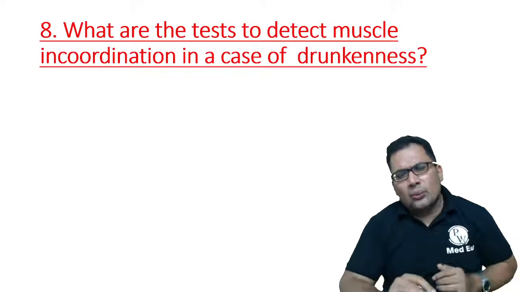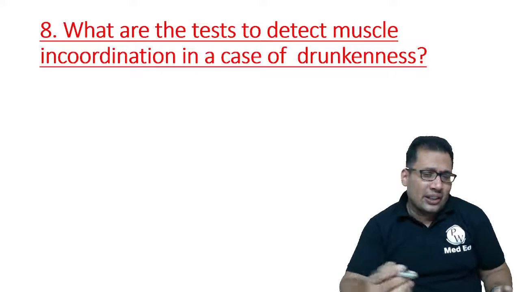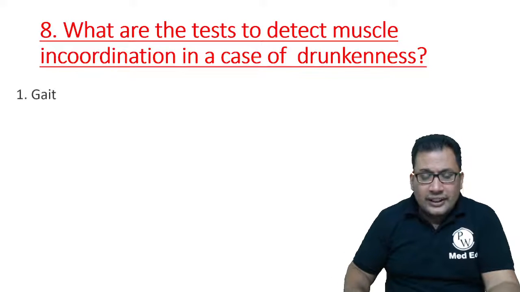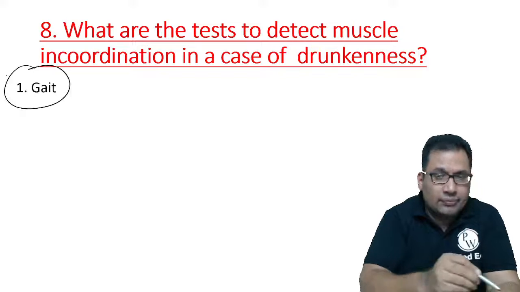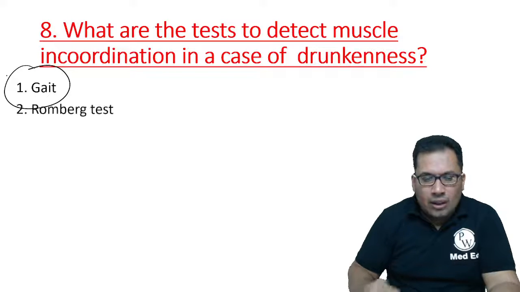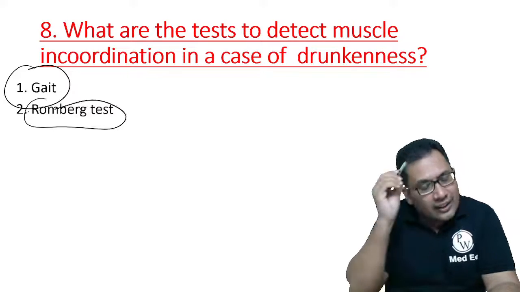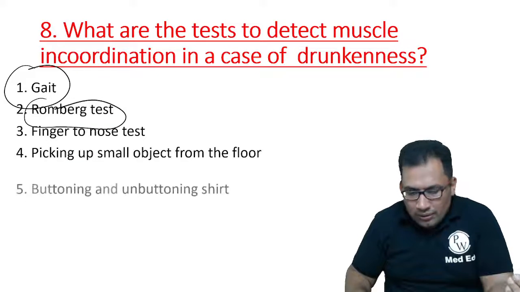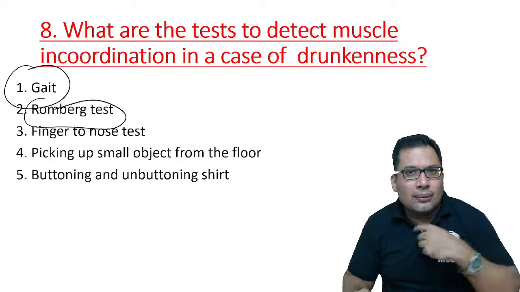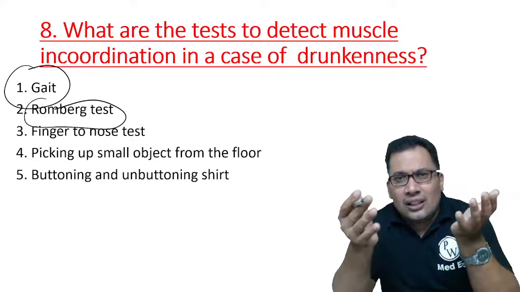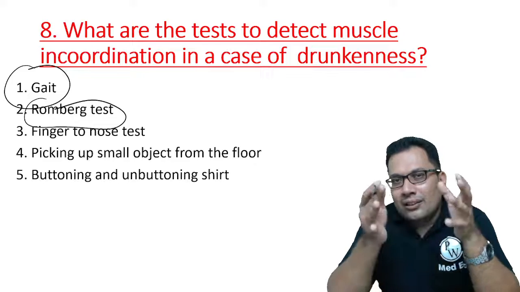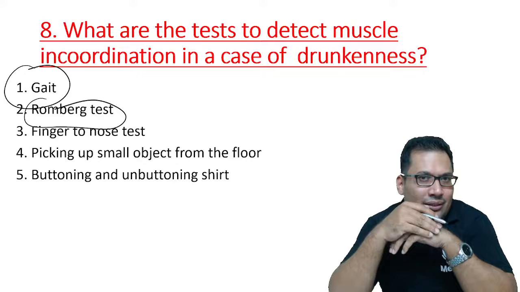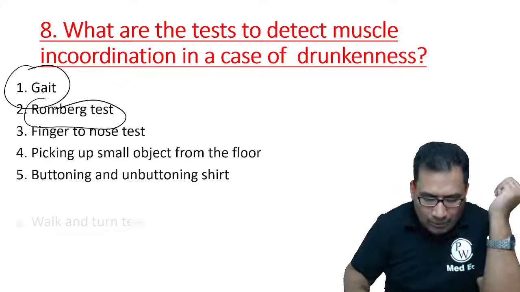Next, what are the tests? We discussed already: tests for muscle incoordination. You can look for the gait; gait is abnormal. Romberg test is also positive in cerebellar disease. Finger to nose test. Buttoning and unbuttoning a shirt: under the influence of alcohol, this can be not possible, not proper.